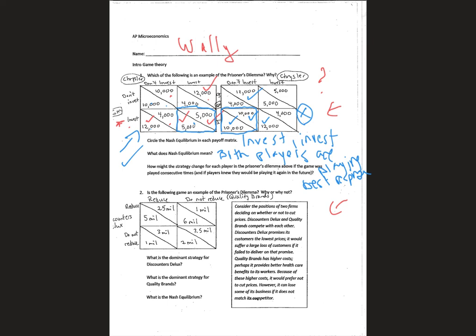Okay, the second question, a little bit more straightforward, right? We have two players, Discounters Deluxe and also Quality Brands. And this is about whether or not the two players should reduce or not reduce, okay? So if they're going to reduce or not reduce.